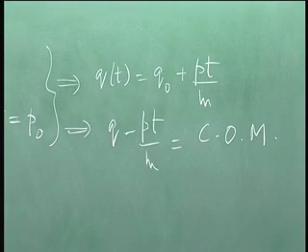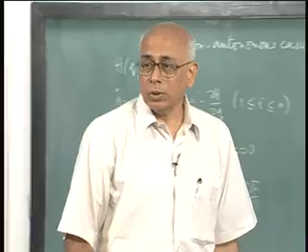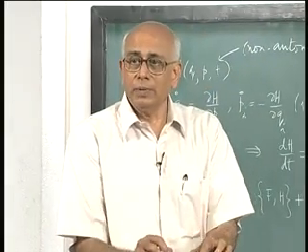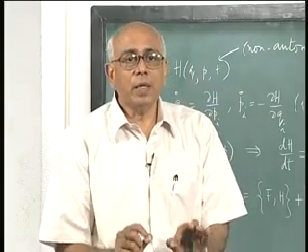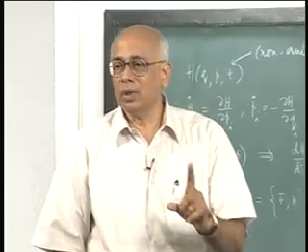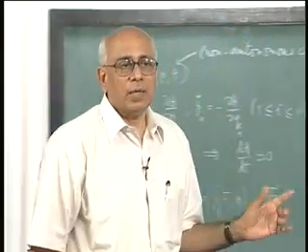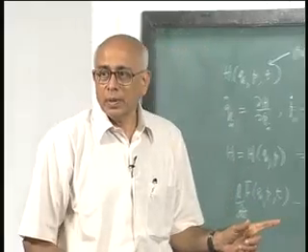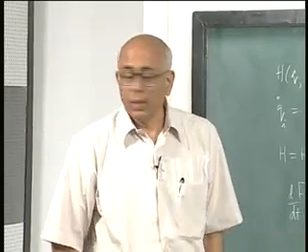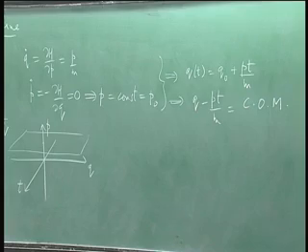So this example illustrates to you what I mean by a constant of the motion, not the initial condition. The initial condition determines the numerical values of constants of the motion, but constants of the motion are functions of the dynamical variables and of course time possibly. But you see here q, p and t are respectively dynamical variables and the time, and it is explicitly time dependent.